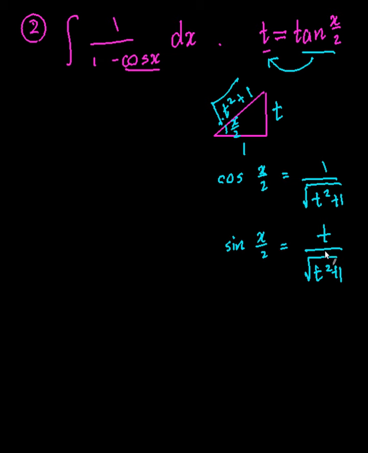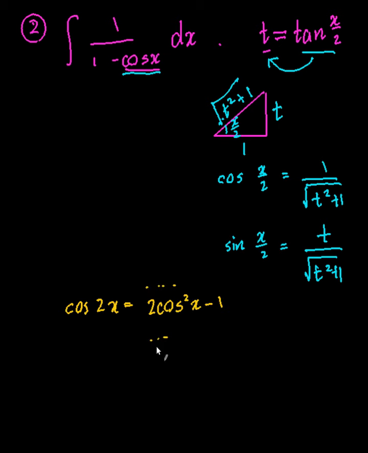Now remember, we're actually dealing with cos x, not cos x on 2. This is where the double angle formulas come into play. If you remember, cos 2x is equal to 2 cos squared x minus 1. There are other variants.